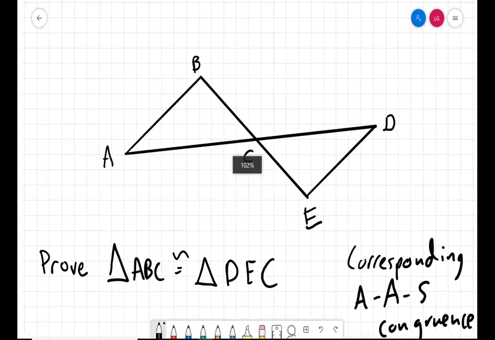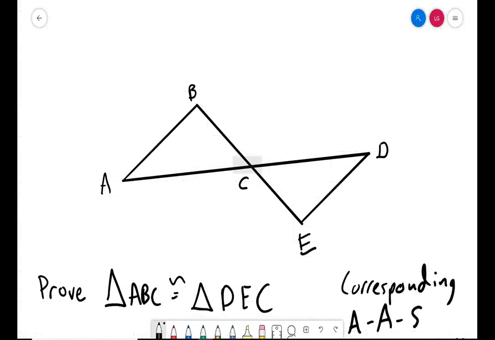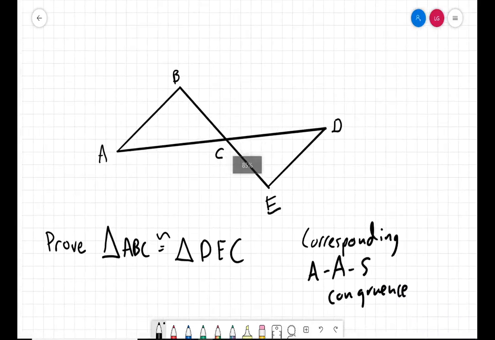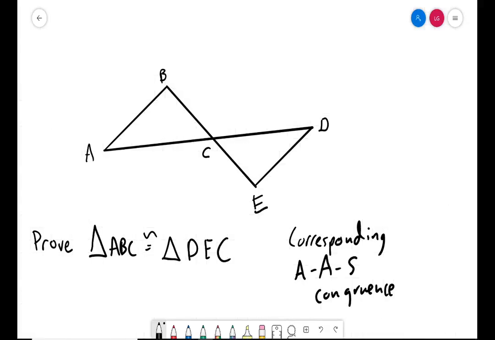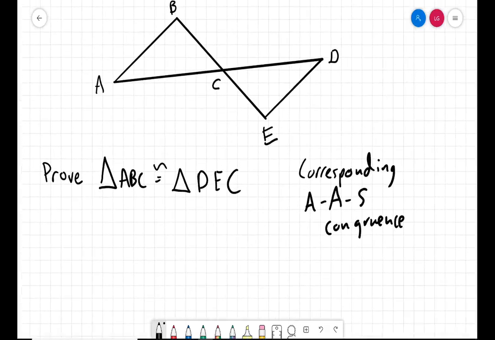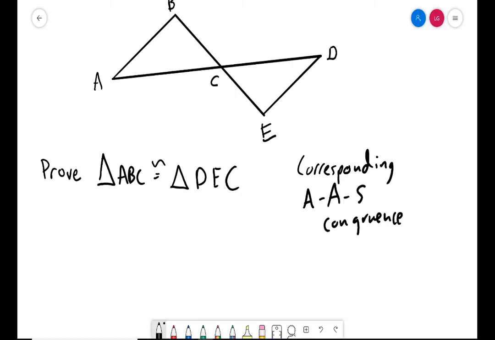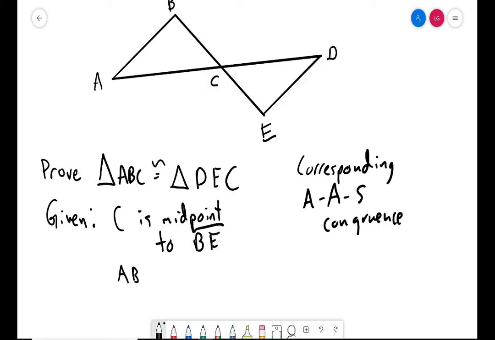Now in this question, as in many questions, what we will also get are some givens. Park it down here. So given C is the midpoint of BE, that line segment, and AB is parallel to DE.